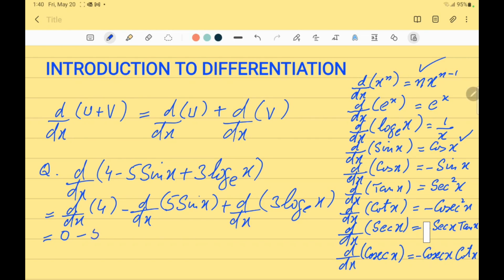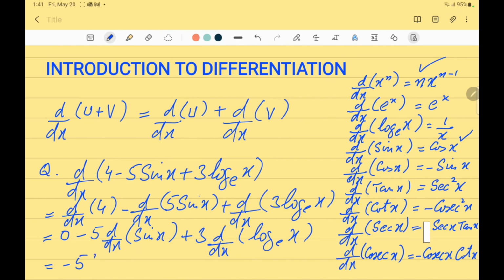So we can write it like minus 5 d by dx of sin x. In the case of differential of 3 log of x, we will do the same. We will take out 3 and we will write differential of log of x. Differential of sin x is cos x and the differential of log x is 1 over x. So our final answer is minus 5 cos x plus 3 over x.